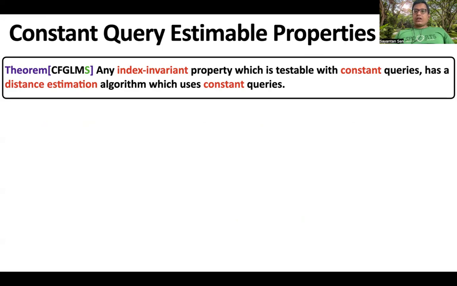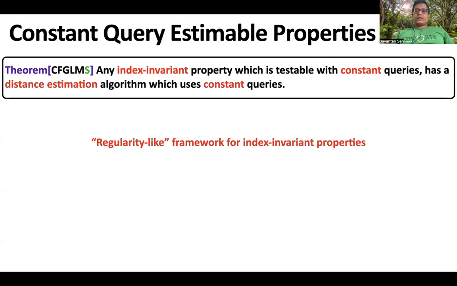So given an index invariant property P and a distribution D, we can estimate the distance of the distribution from the property using only a constant number of queries that depends only on the proximity parameter epsilon and is independent of the dimension n. For this purpose, we develop a regularity-like framework for index invariant properties.